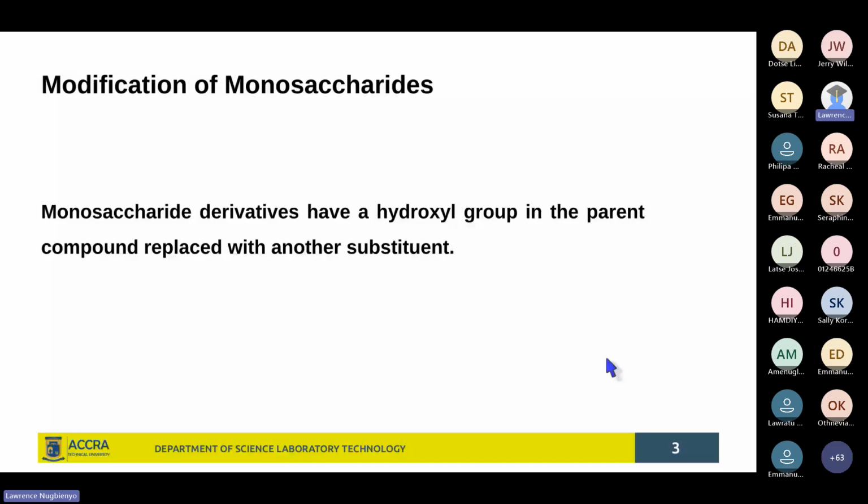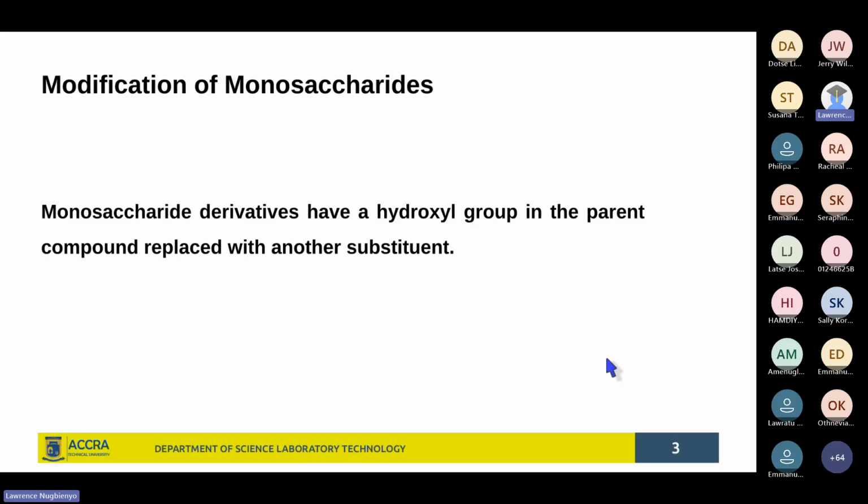But in the monosaccharide modifications, you will see that in place of one or more hydroxyl groups, you have a different substituent, some residue of a molecule that is replacing a hydroxyl group, an OH group on a carbon. So once you see that, that becomes a derivative or a modification of the parent monosaccharide.